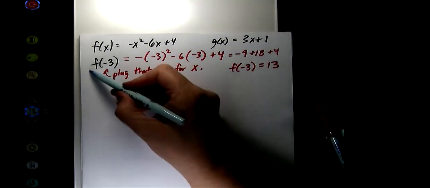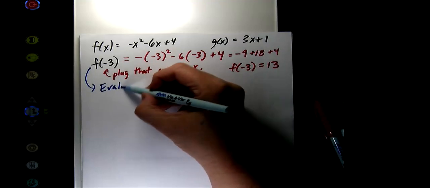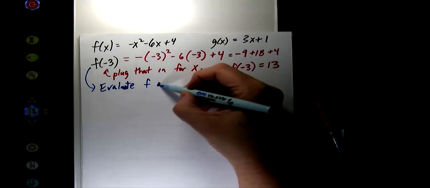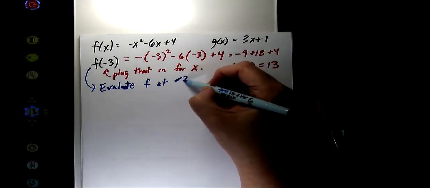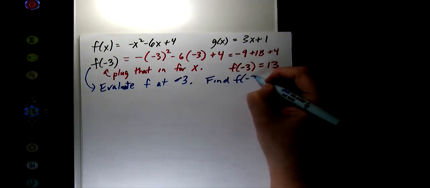So a couple ways they'll say this is they might say evaluate F at -3, or they might say find F at -3.